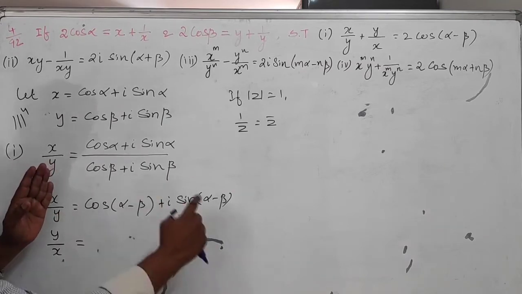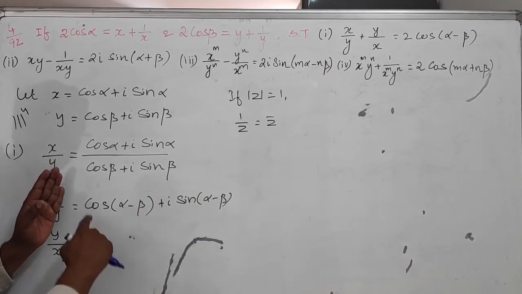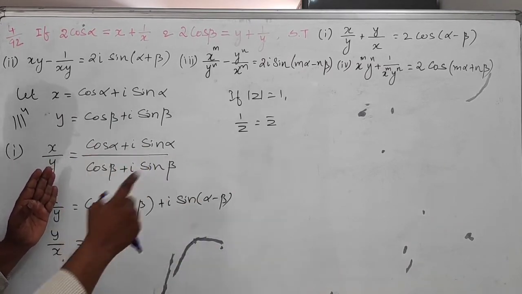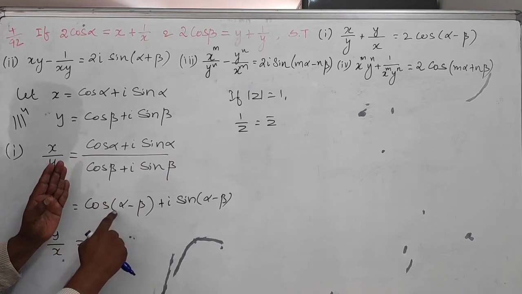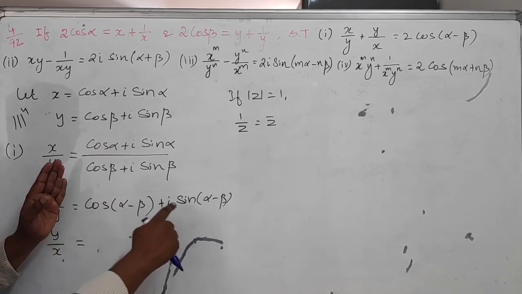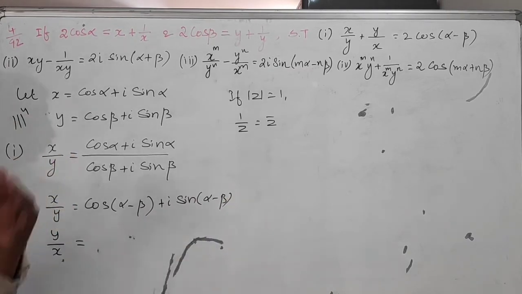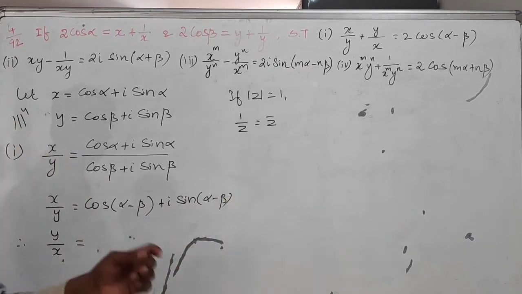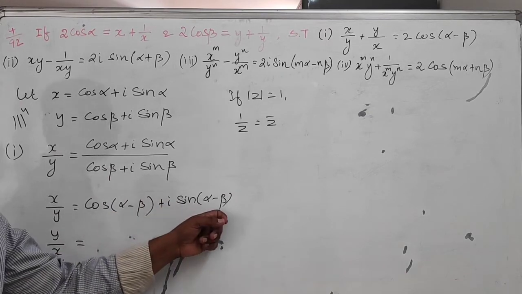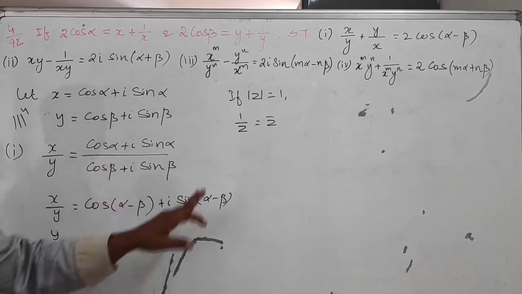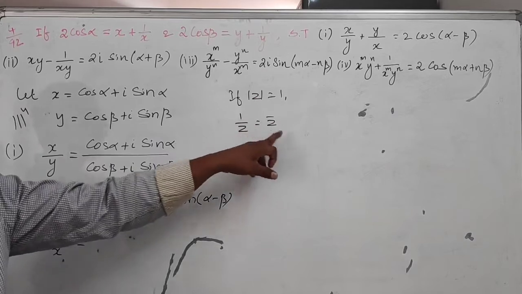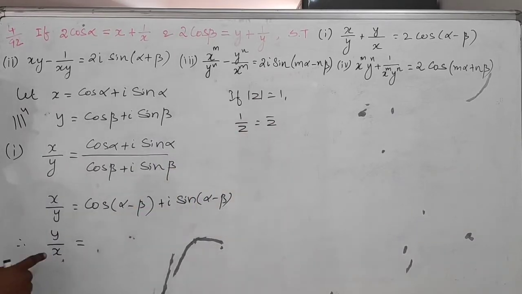If you consider this z, what is the modulus? Square root of real part square plus imaginary part square, that means cos square of alpha minus beta plus sin square of alpha minus beta, and its value is 1. Cos square theta plus sin square theta equals 1, where theta is here alpha minus beta. Therefore its value equals 1. If it is 1, then 1 by z is nothing but z bar. So y by x is nothing but the reciprocal of x by y.